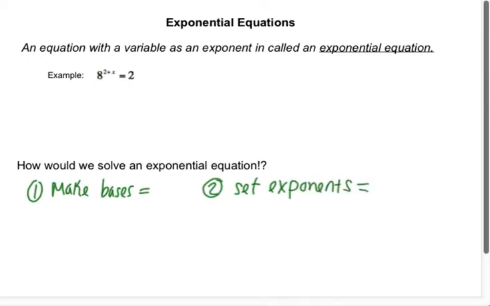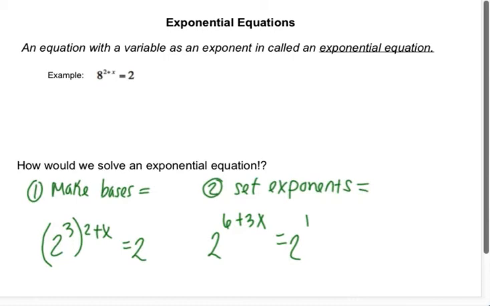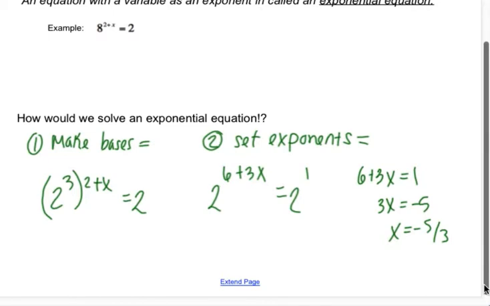So for this problem, 8 to the power of 2 plus x equals 2, I can rewrite 8 as 2 to the power of 3, to the power of 2 plus x. So properties of exponents tell me to multiply the 3 by the 2 plus x. The 2 has an exponent of 1, so now I know these exponents are equal. 6 plus 3x equals 1. Subtract the 6, divide by 3, and you get your answer.